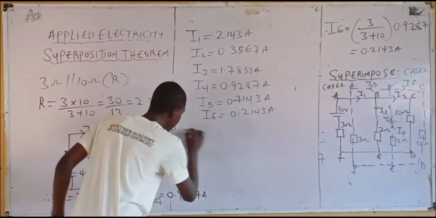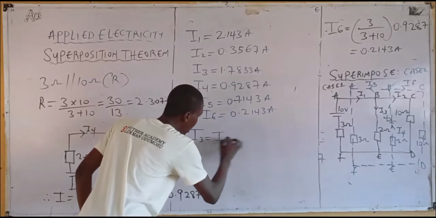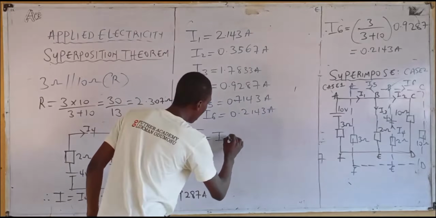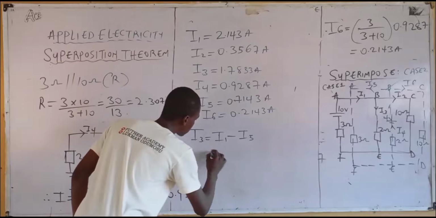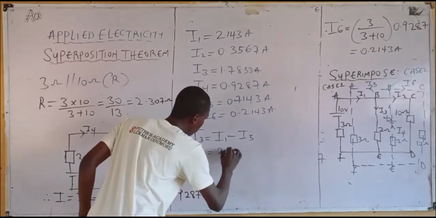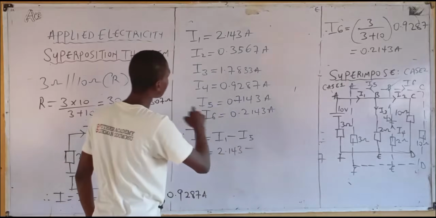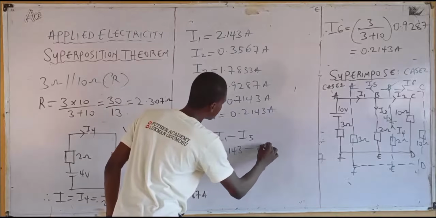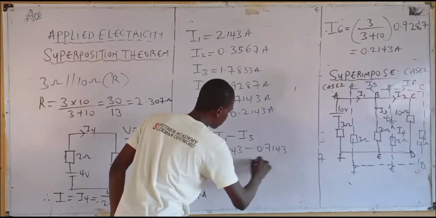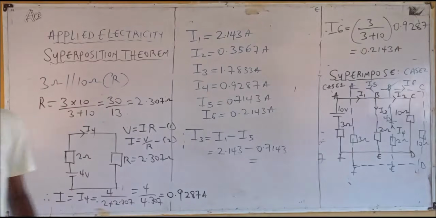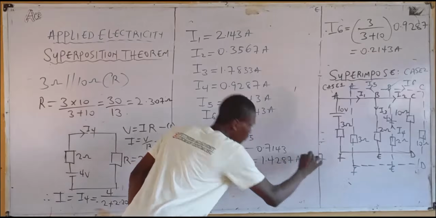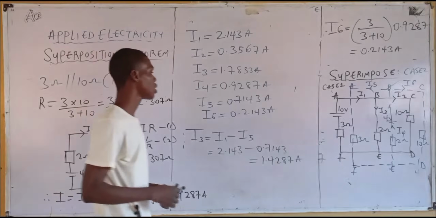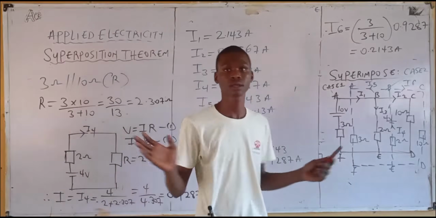Meaning that I3 equals I1 minus I5. That's 2.143 minus 0.7143. What do you have? 1.4287 ampere, approximately 1.429. Correct.